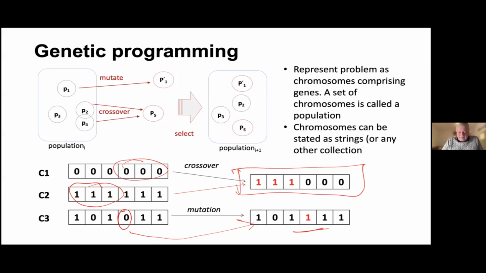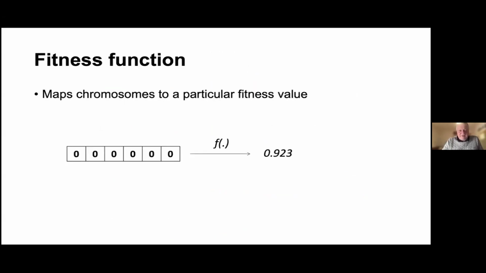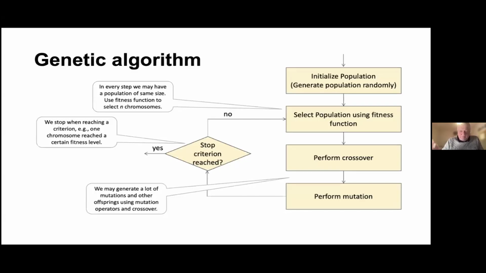And when we apply crossover and mutation over the populations, over the years, and then apply the fitness function, the number of fittest population elements should be increasing. This is the idea here. The fitness function is basically taking a chromosome and leading to a value. I'm going very fast now.